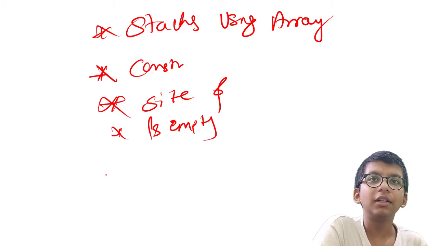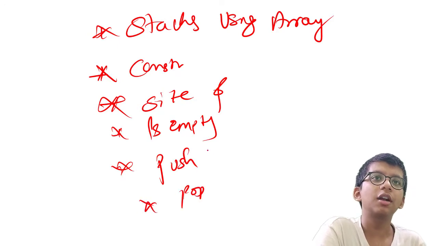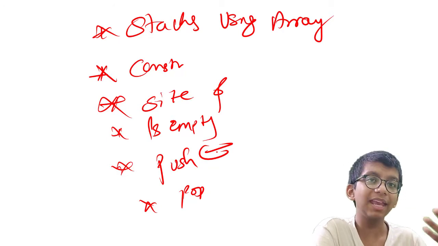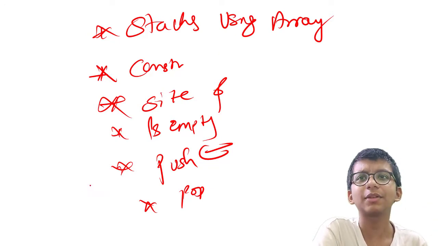Then we will implement two operations, push and pop. Push means inserting an element at the top, and pop means removing an element from the top. These are the functions, and we will make more as we get familiar with them. So what are we waiting for?